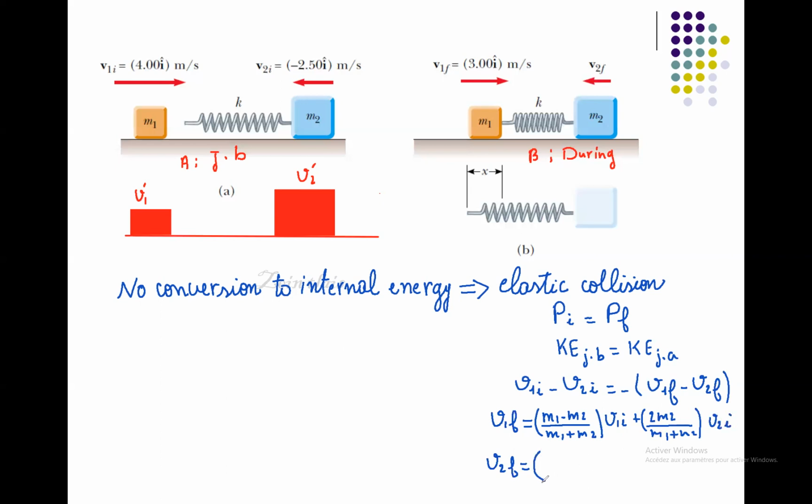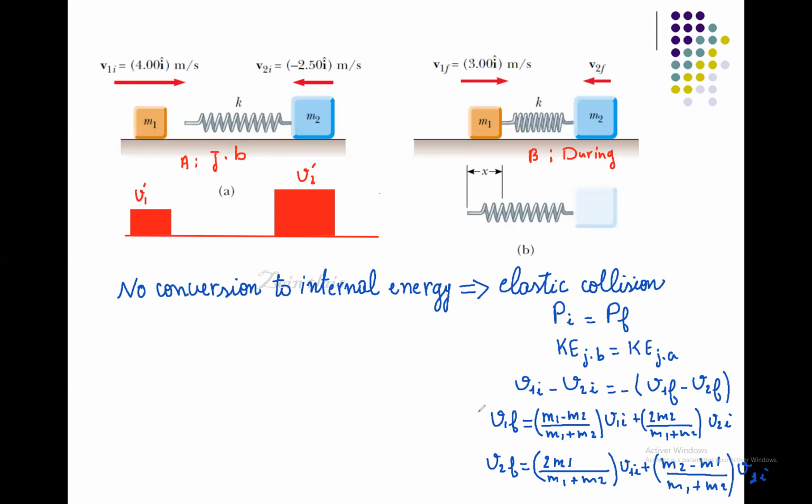V2 final equals 2M1 over (M1 plus M2) times V1 initial, plus (M2 minus M1) over (M1 plus M2) times V2 initial. You can use any one of these equations.